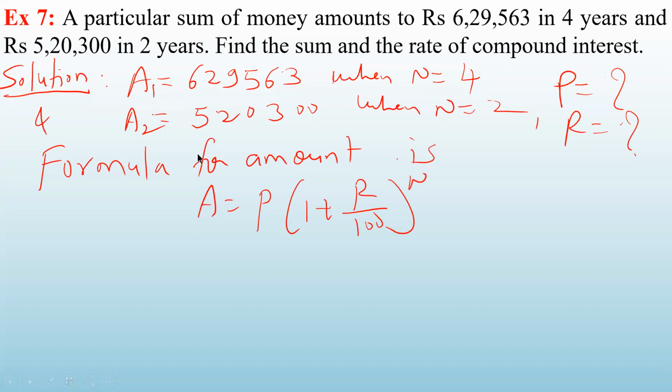So in this formula, I will first put A equal to this much when n is 4. So n is 4 and A is 629,563. So I'm writing it in the other slide. So let us put the value of A as 629,563 and n as 4.